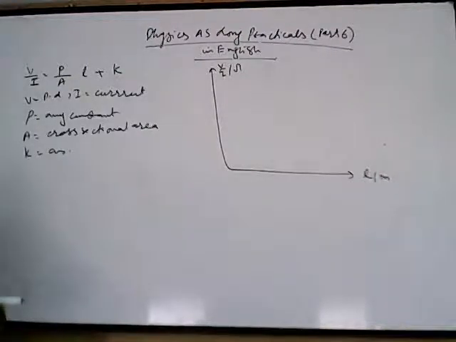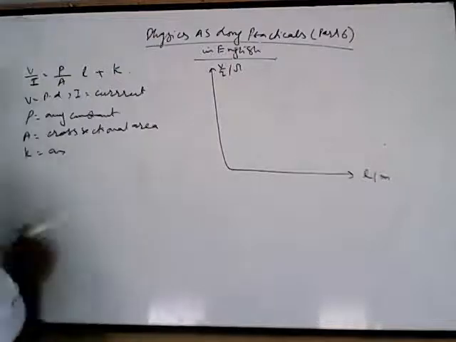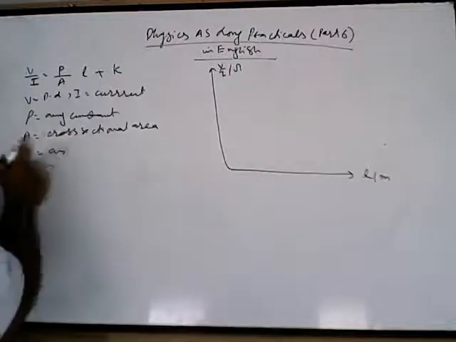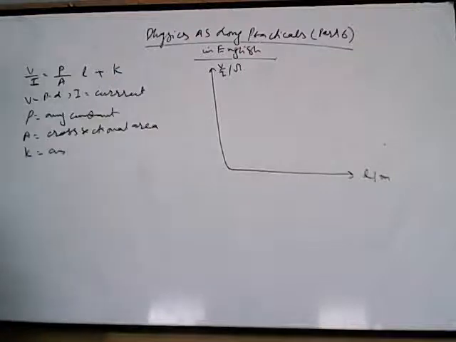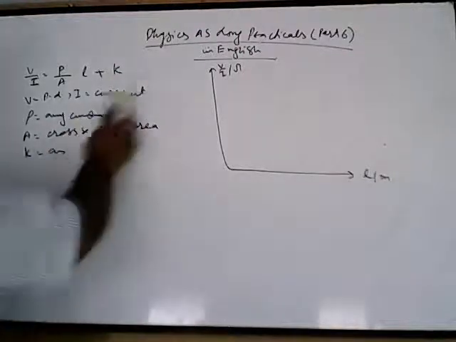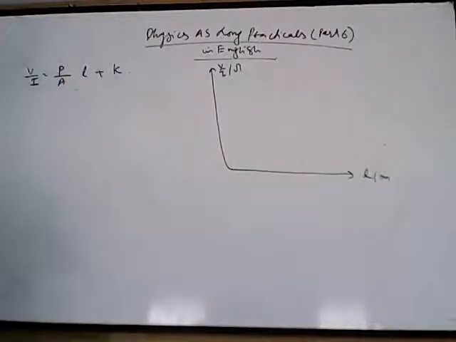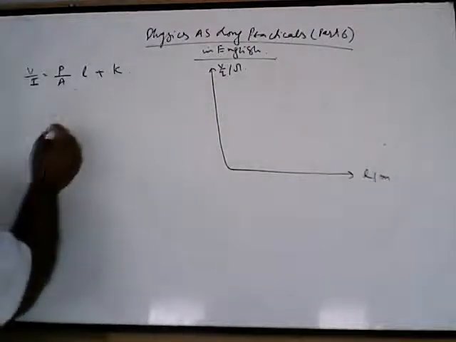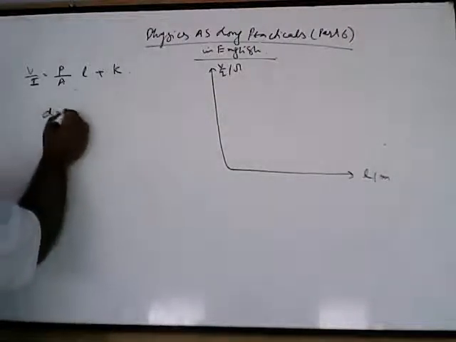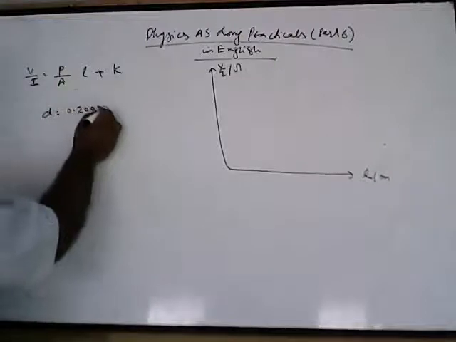Now suppose the gradient of this is coming like this. This equation is given in the circuit, and you plot V upon I in ohms against L in meters, and you have a wire whose diameter you find is 0.200 millimeters.